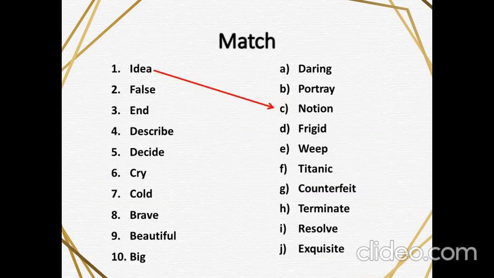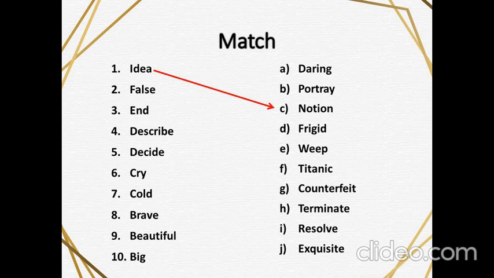So here in the next slide, please also stop the video and match the numbers with letters. So match the synonyms for the words from 1 to 10. I would like to explain here that the first column, which has the words idea, false, describe, decide, cry, cold, brave, beautiful, big, these are the words that you usually use in your active vocabulary.